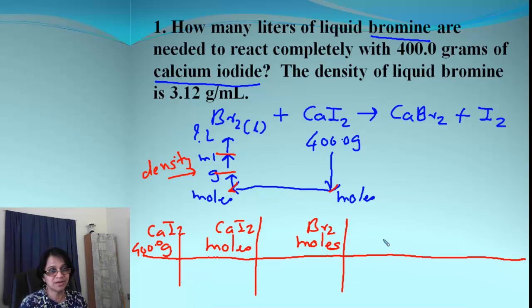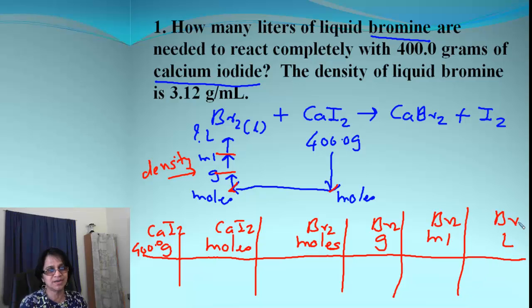Then we go to grams of bromine. From grams we are going to go to milliliters of bromine. And from milliliters we are going to go to liters of bromine. Don't worry, even though it looks pretty long. So let's use our previous knowledge and complete all this roadmap, because we need to cancel each of those units.